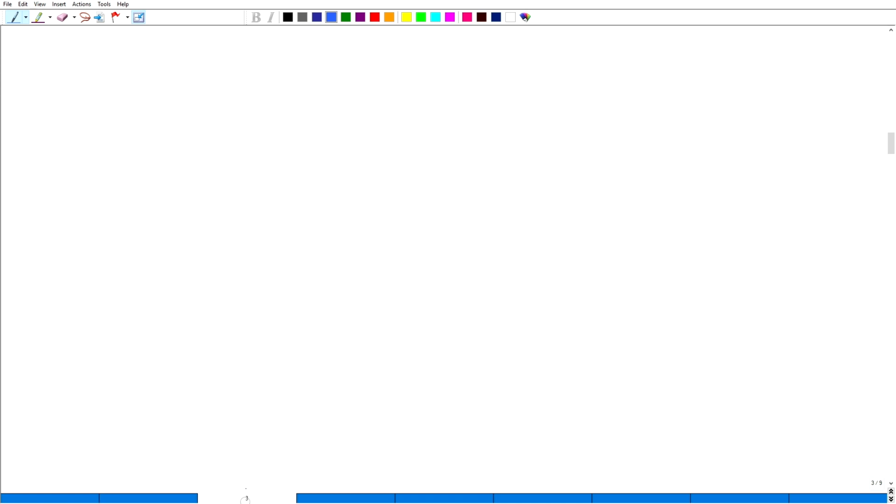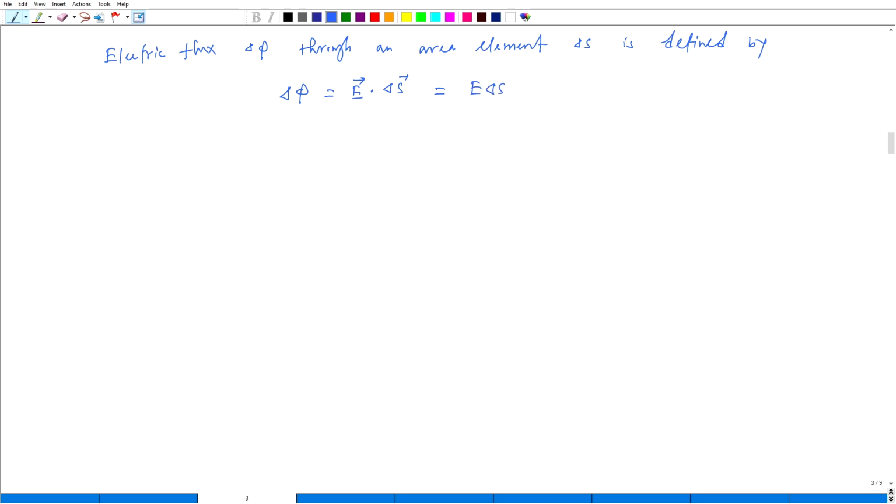Therefore the electric flux delta phi through an area element delta S is defined by delta phi equals E dot delta S. So this is E delta S, in general with a cos theta dependence.